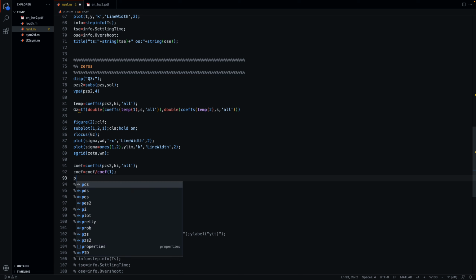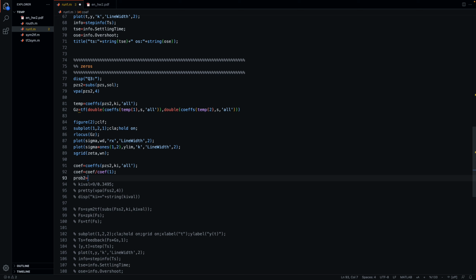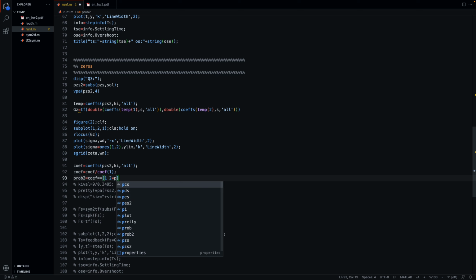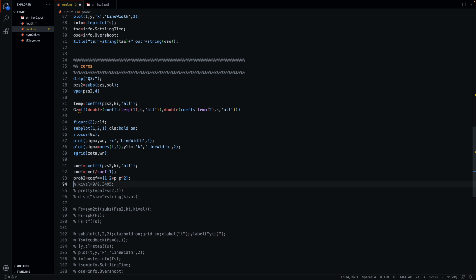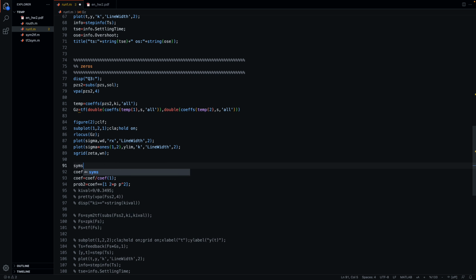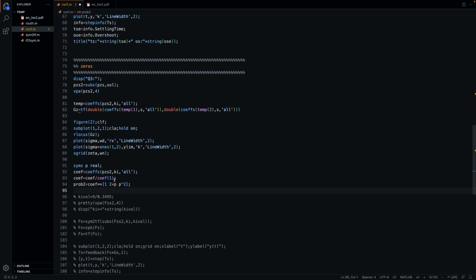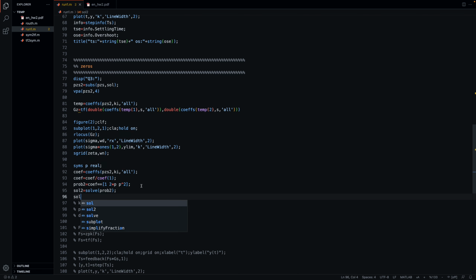Well, let's call it problem 2. Coef should be equal to 1, 2 times p, and then p squared, where p real is given. So this is basically s plus p squared and its coefficients. So what I can do is I can solve this and look at the solution here.